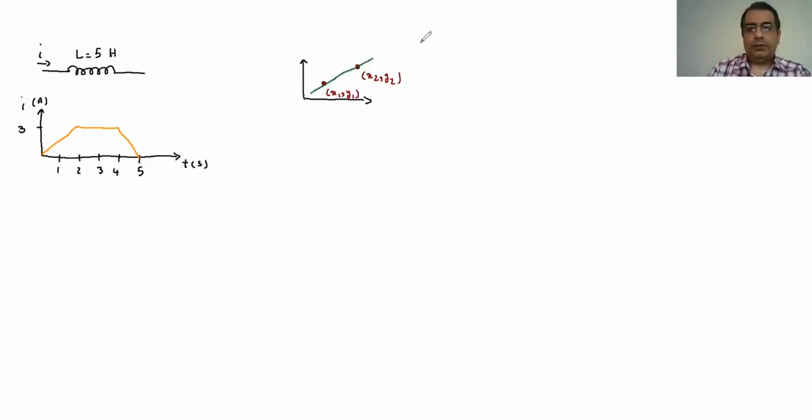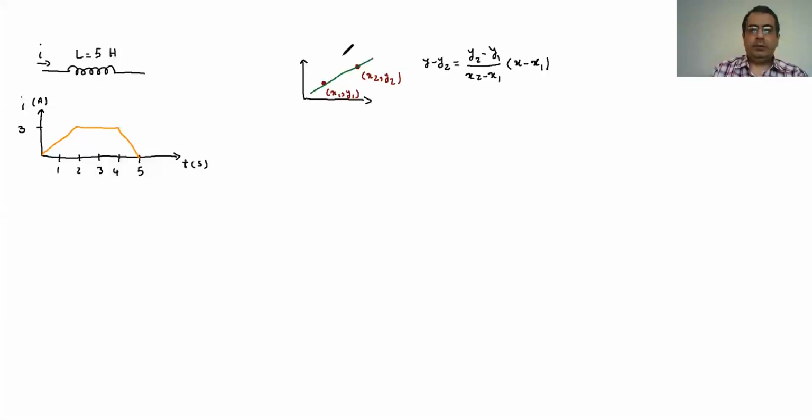The equation of that line is y minus y1 equals y2 minus y1 divided by x2 minus x1, which gives you the slope of the line, times x minus x1. So this is the equation we can use to find that.